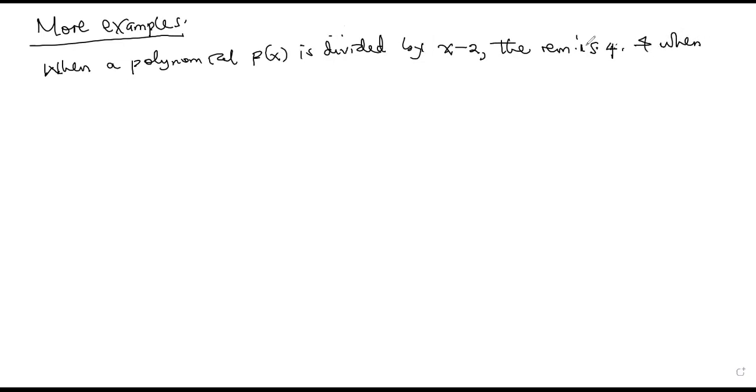And when p(x) is divided by x minus 3, the remainder is 7.